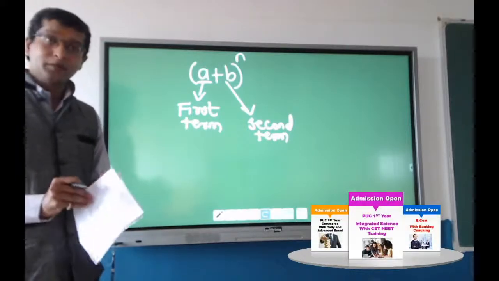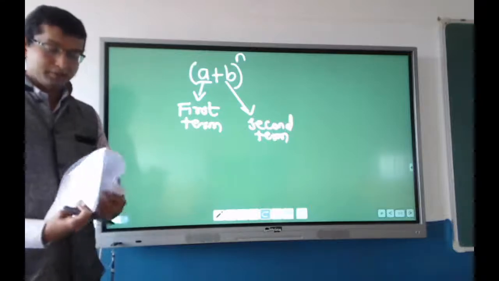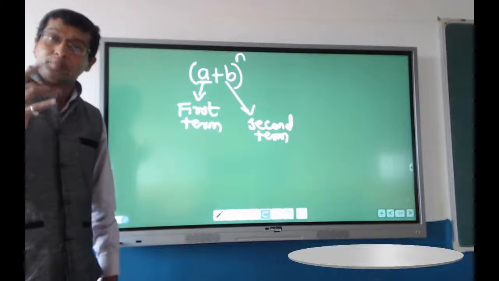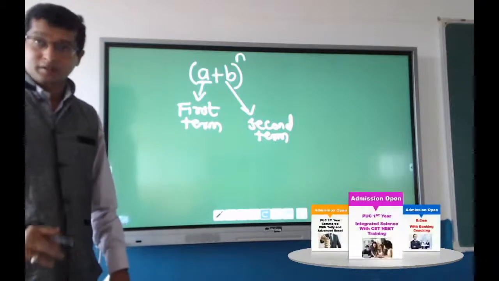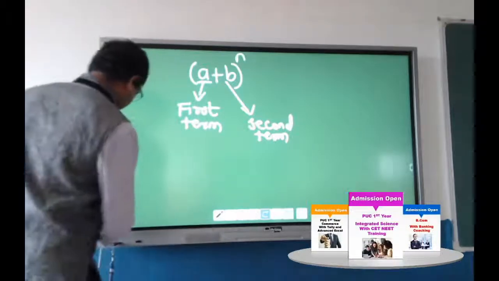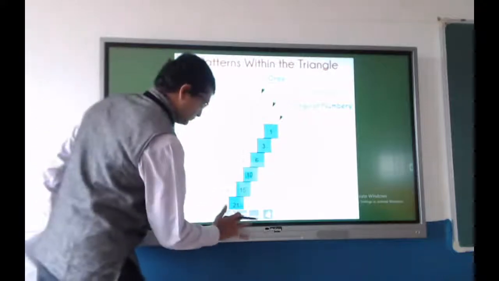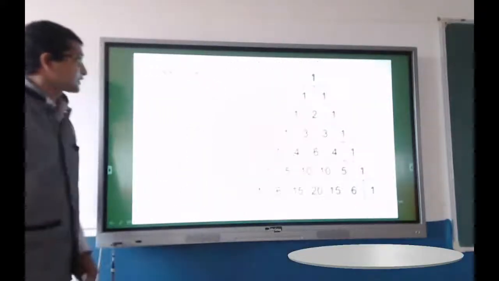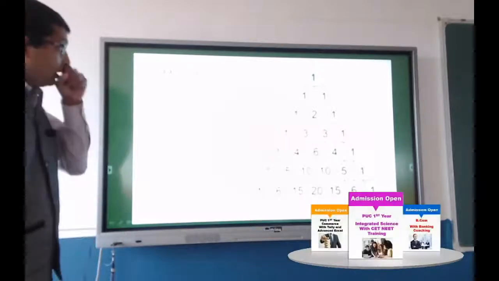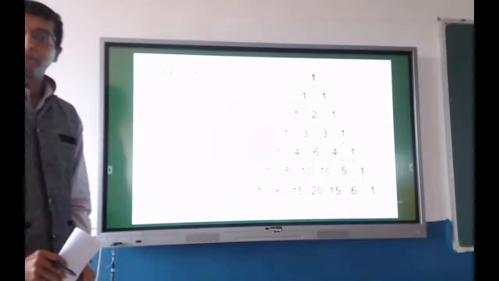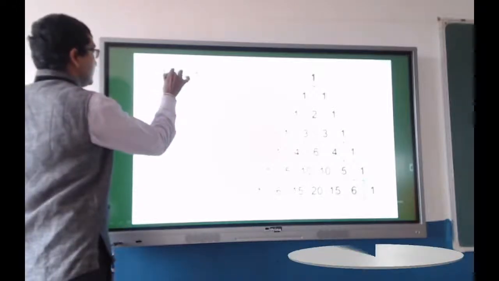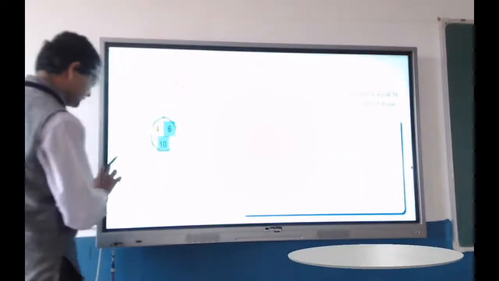Now I will tell you how to remember. See, 11 square, 11 cube, that technique I will discuss now. Okay, let us begin. Now 11 table using binomial expansion. So now 11 raised to 0.